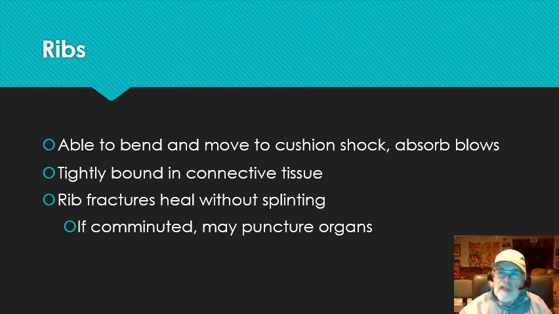Okay, but because of the thin nature of the rib, and you got to remember the rib is like a flat bone. We talked about flat bones earlier on, basically intramembranous ossification type of a process to be able to ossify, and you should know about that from a previous video. What happens is because the bone is sort of flat, it's able to bend a little bit, and the cartilage helps that even more. Okay, so it's able to cushion shock and absorb blows to the chest.